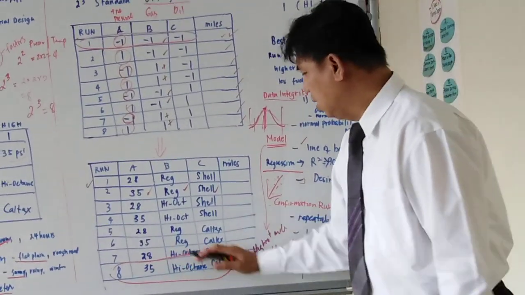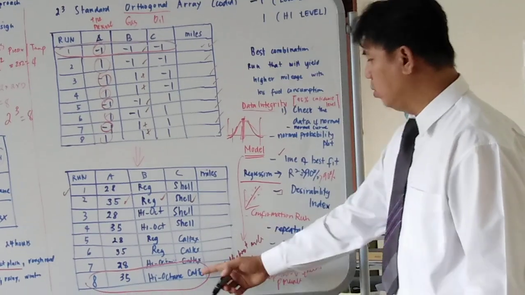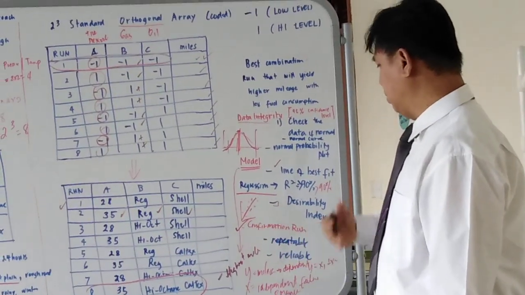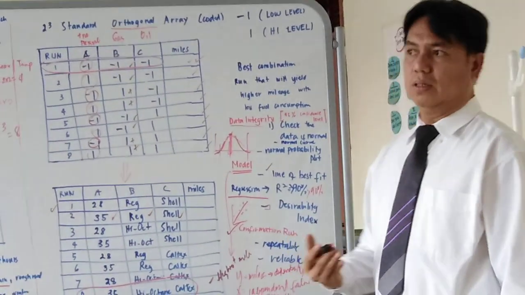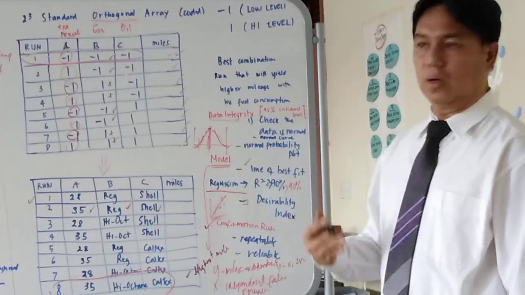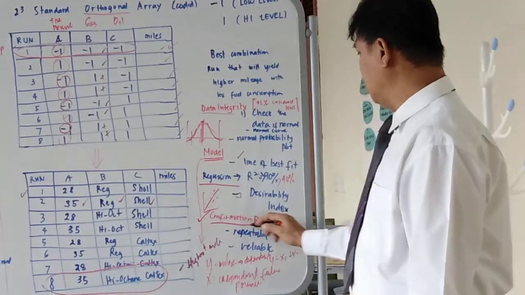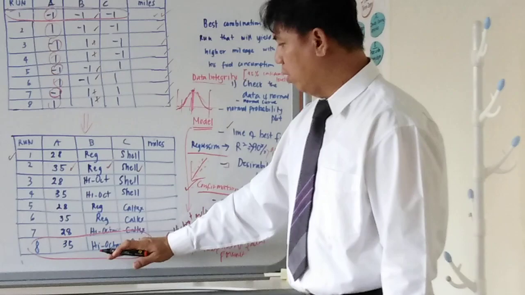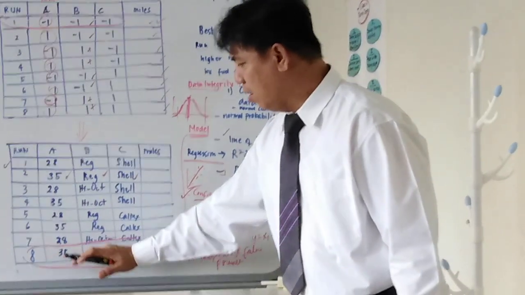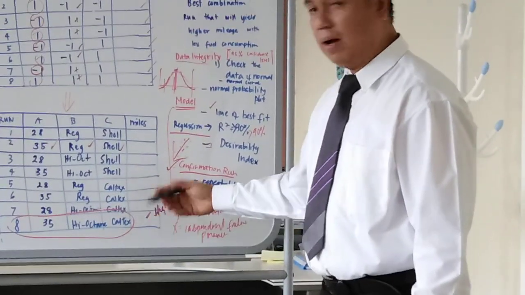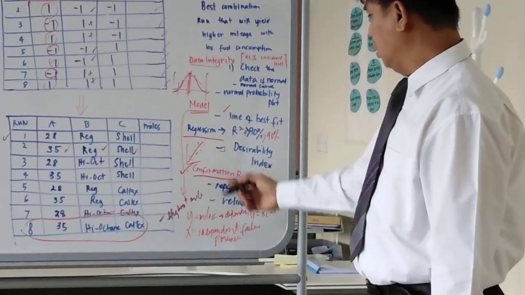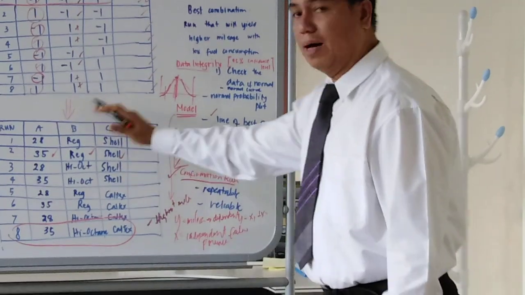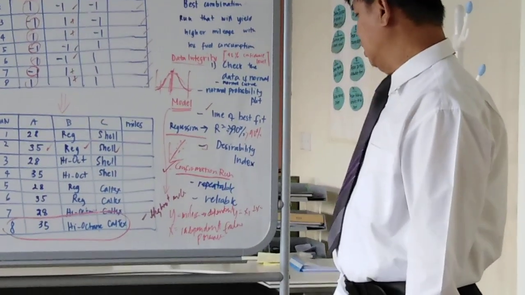So when we have this, we can model and then we can confirm. What is the use of a confirmation run? Meaning we run the trials again, like 2 or 3 times, so that we can be sure that they will produce the same result as before. When we have this combination, it will produce the same mileage. That means it is confirmed that our model is the best one among the 8 runs.